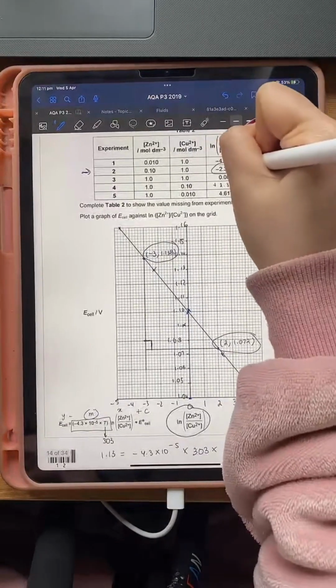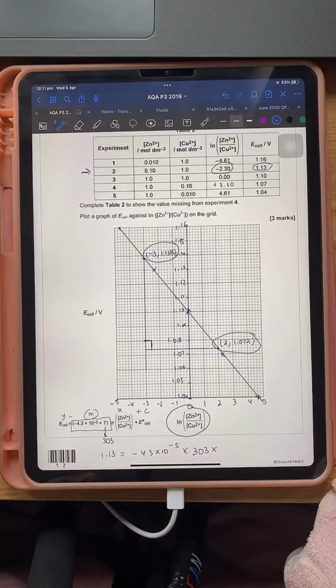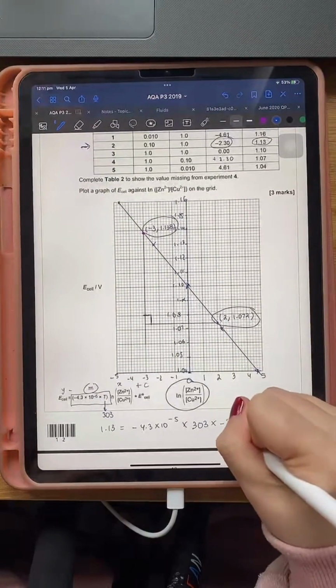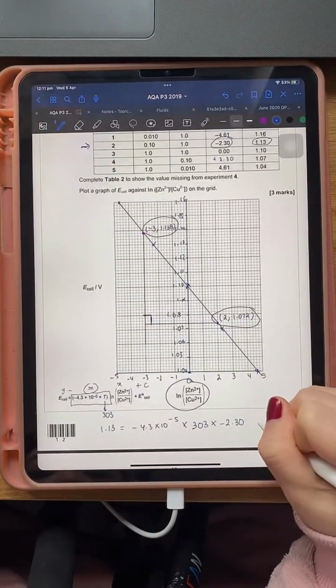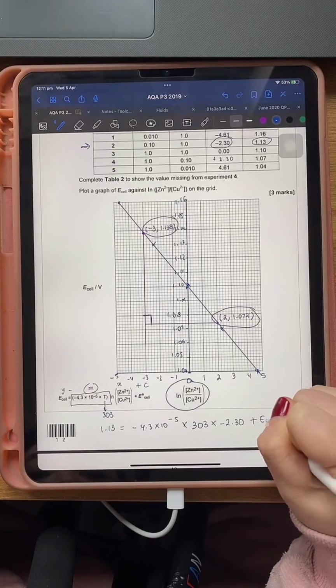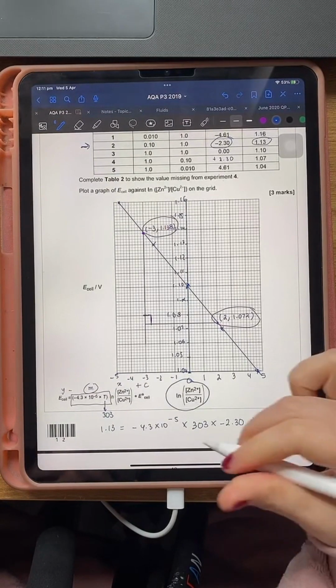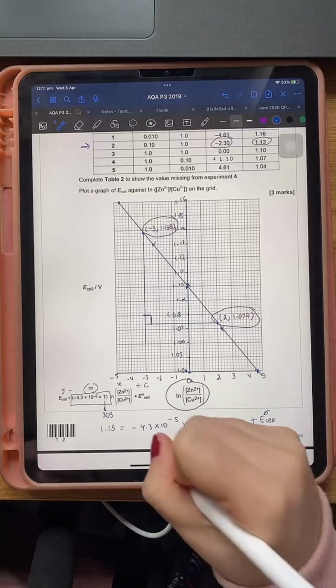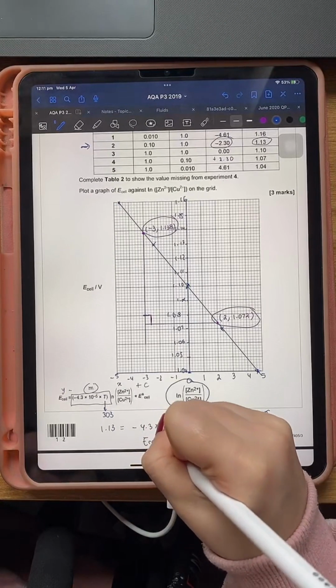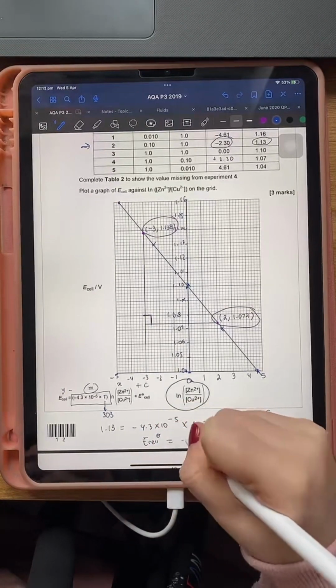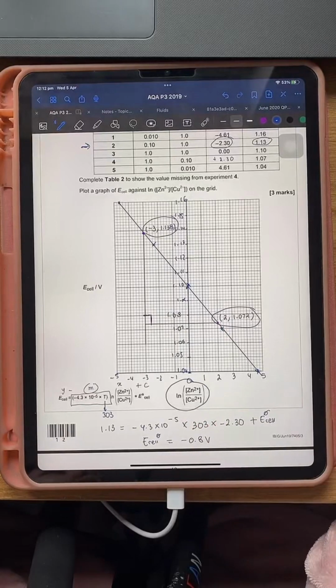So minus 2.30 plus the E cell. Put that into your calculator. You will get E cell potential minus 0.8 volts. So the answer here is minus 0.80 volts.